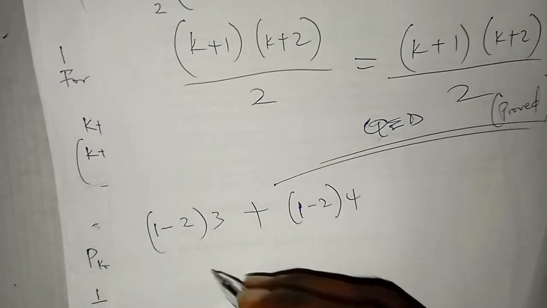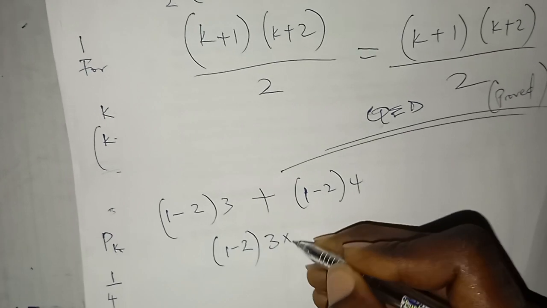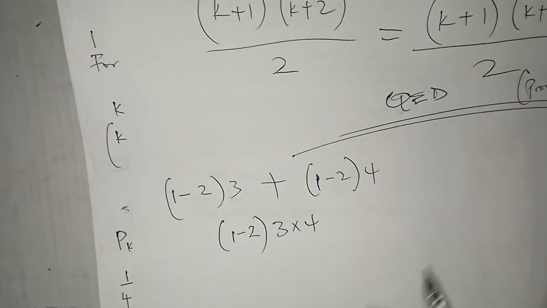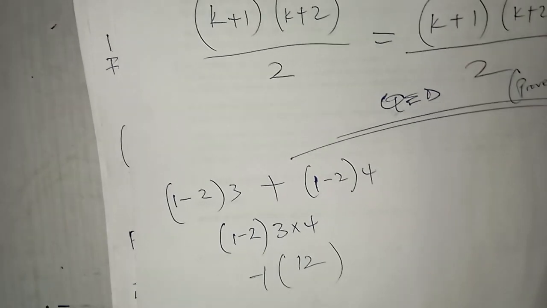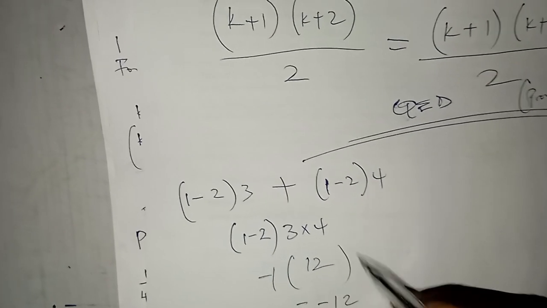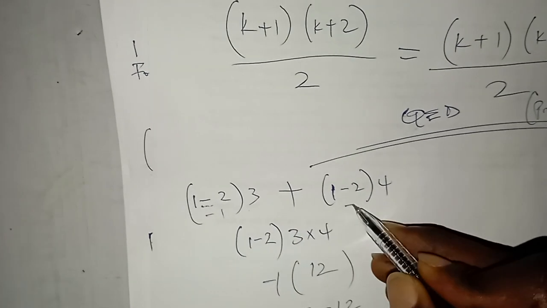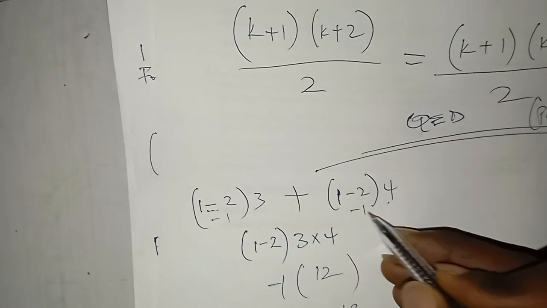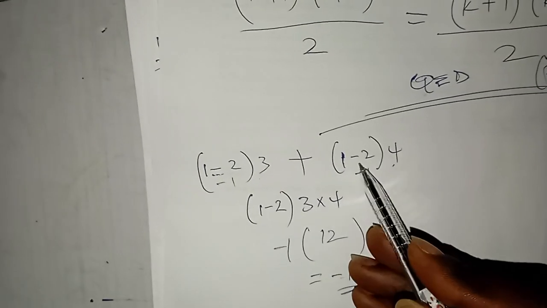This thing is the same thing as just saying 1 minus 2, 3 times 4. This is 12 times minus 1, which is minus 12. And if you do, this is minus 1 times 3, minus 1 times 4. By the time you do it, it will still give you minus 12. So you need to use this approach.